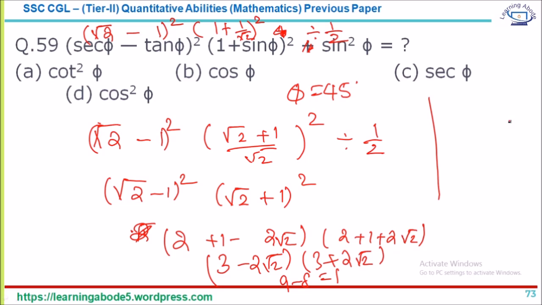Now from the options, this is cot square pi, so cot square 45 is equal to 1. So that's answer option A for question number 59.